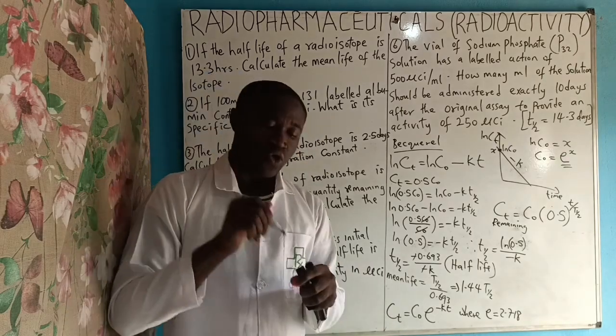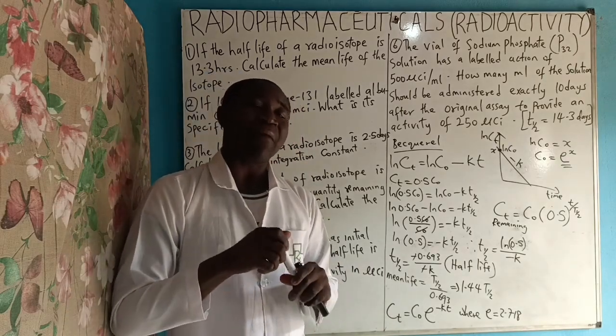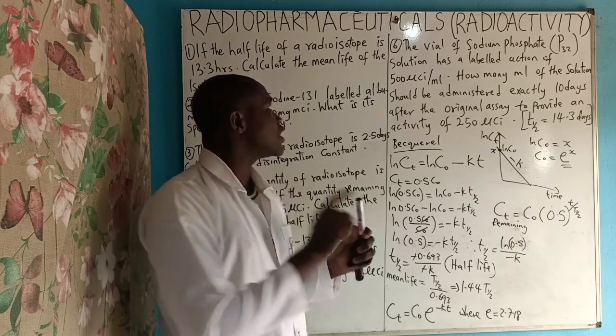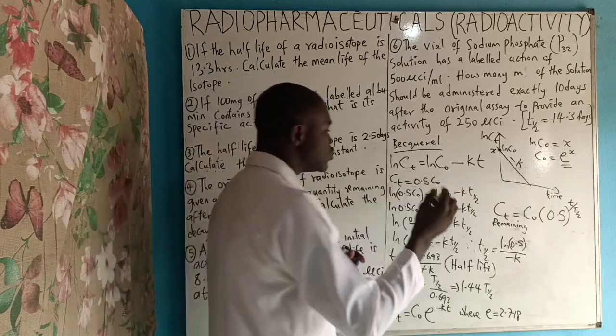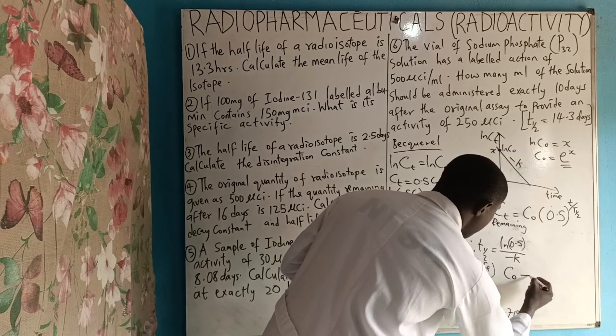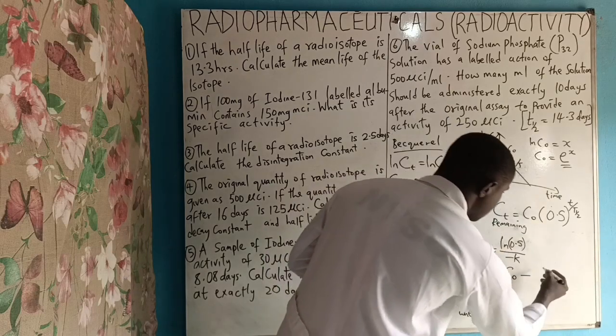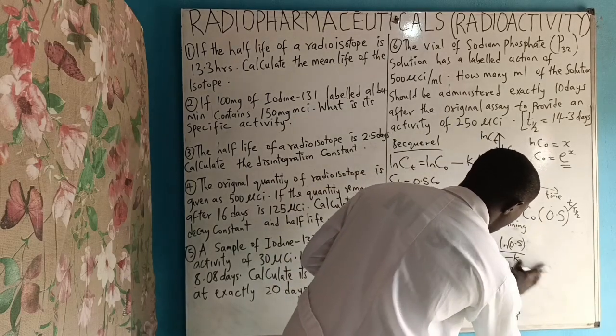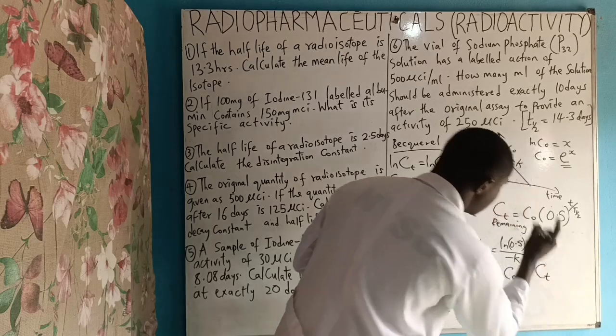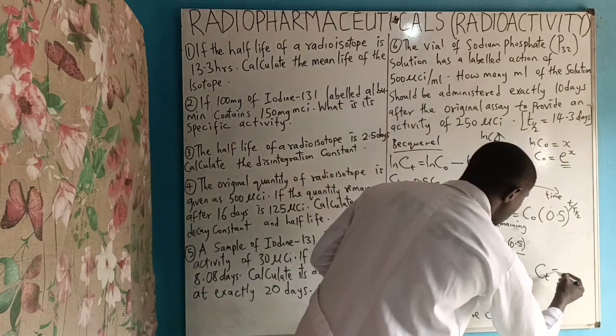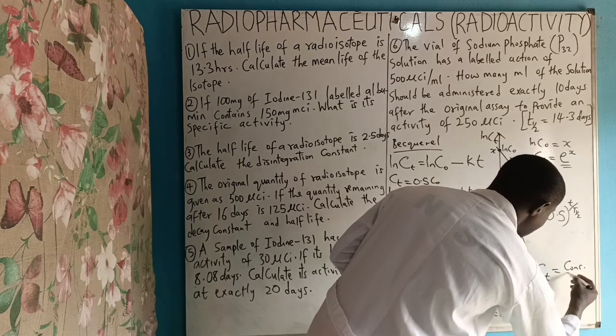Then if you are asked to get the value of the amount that decayed, or the concentration of that radiopharmaceutical that decayed, you say initial concentration minus the amount remaining: C0 minus Ct equals the concentration that decayed.